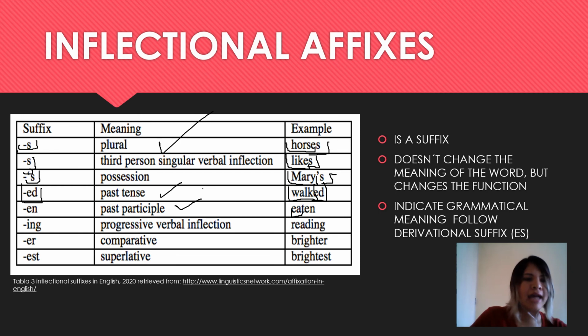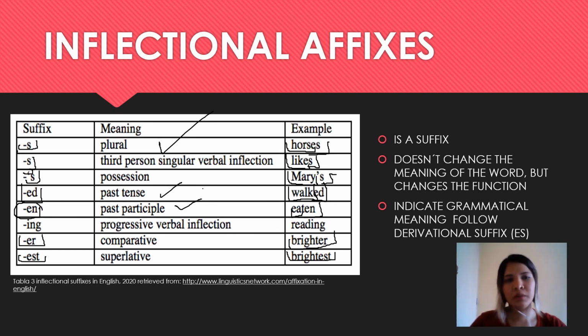If I add the suffix en, I will get eaten. And the same will happen with the progressive. And now with comparative and superlative, we can see the suffixes er and est added to the end, and now we get the words brighter and brightest.